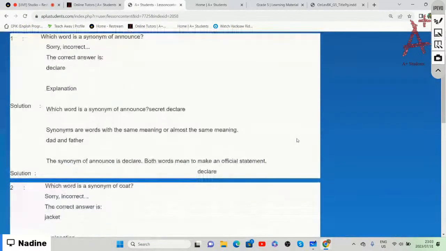All right, so we're choosing synonyms, right? Firstly, a synonym or synonyms are words with the same meaning or almost the same meaning, or let's say words similar in meaning, right?